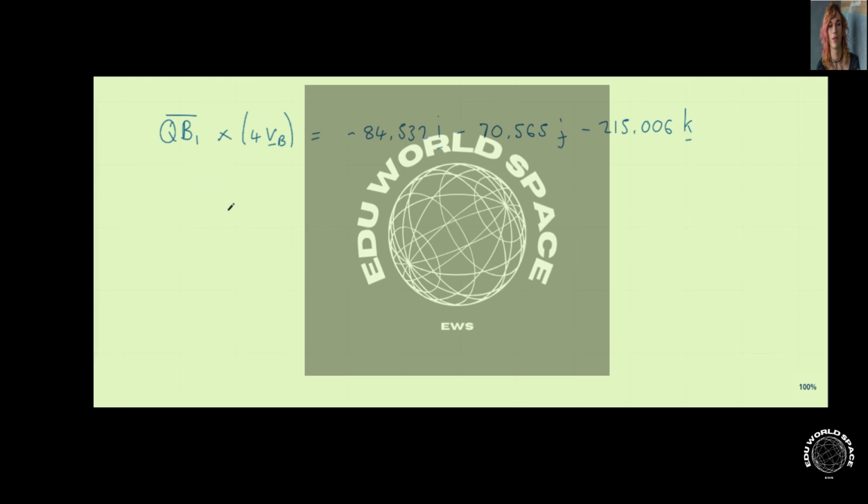So if we collect our terms and resolve into components, the I component is 10,000 minus 2,400 delta Z is equal to minus 84.532. And hence we get delta Z to be 39.388 millimeters.